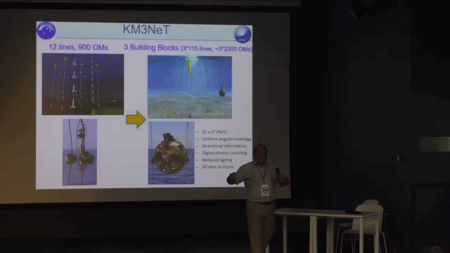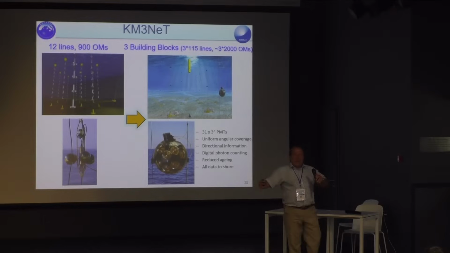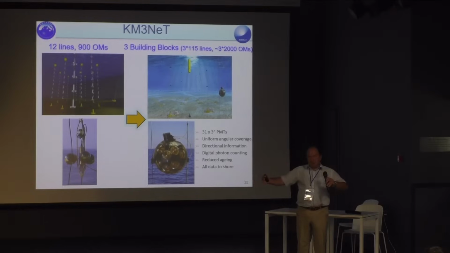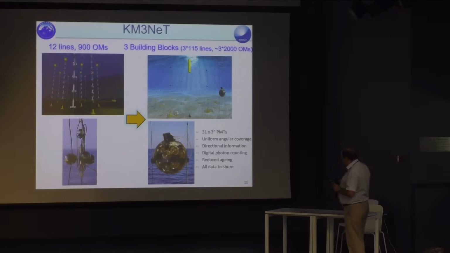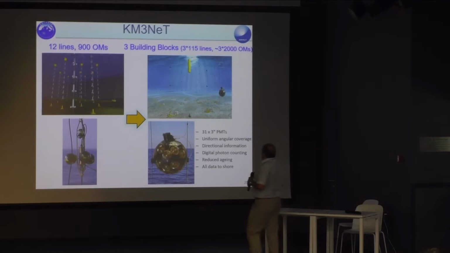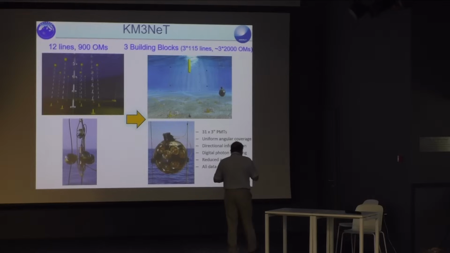Kilometer cube, because we need really a very, very big detector in order to observe neutrinos that are coming from all these sources. Plus, you see that they are using a different structure.